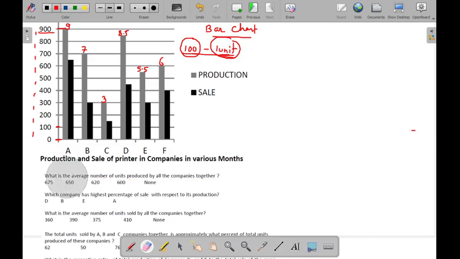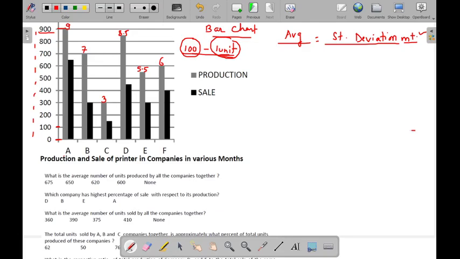Now, how do we actually find out the average? We will find out the average using the standard deviation. What is the meaning of standard deviation method? In the standard deviation method, you assume a particular average.